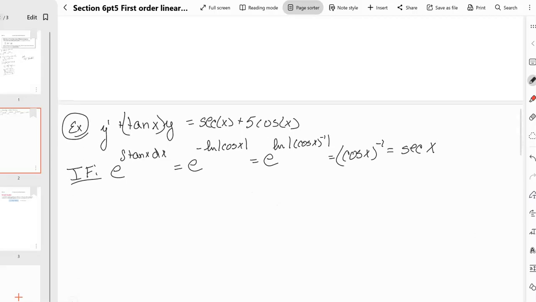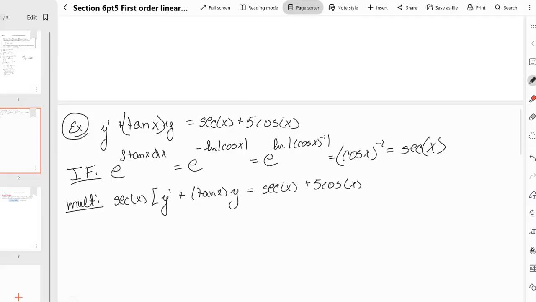Step 2, we're going to multiply through by the integrating factor. So I'm going to multiply that differential equation through. So we're going to have secant of x multiplied by the differential equation y prime plus tangent of x times y is equal to secant of x plus 5 cosine of x.